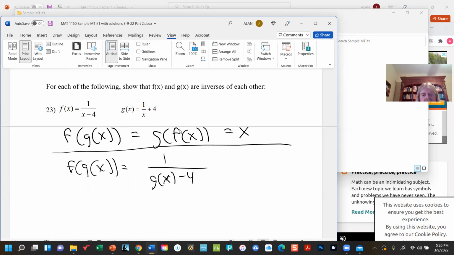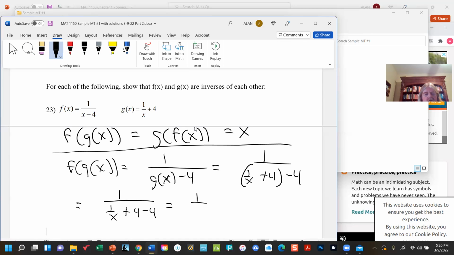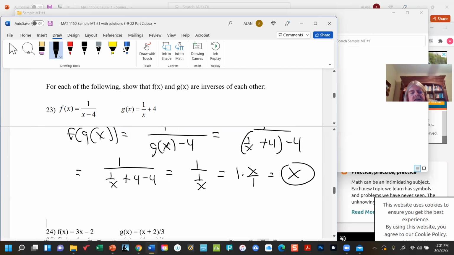And then you'll have one over, and now here you can put in parentheses 1 over x plus 4 minus 4. All right, so drop the parentheses. So you've got 1 over 1 over x, which is the same thing as 1 times x over 1, which is just x. So that condition has been met. We're good there.